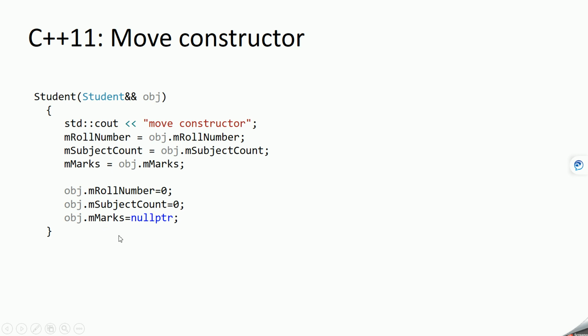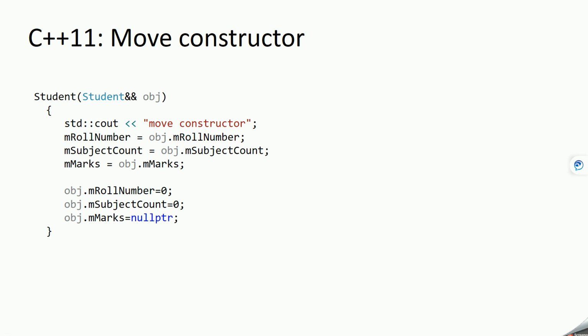This is a must. In case of move constructor we must assign this object's members their default values like 0 and null pointer. Otherwise, whenever the destructor gets called, we'll try to delete the marks pointer, that is the dynamically allocated array.